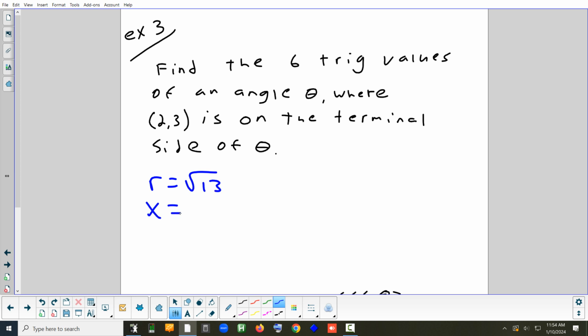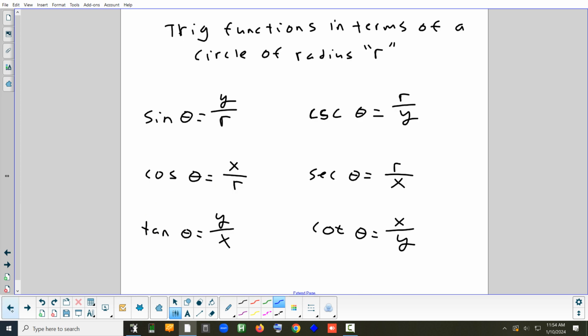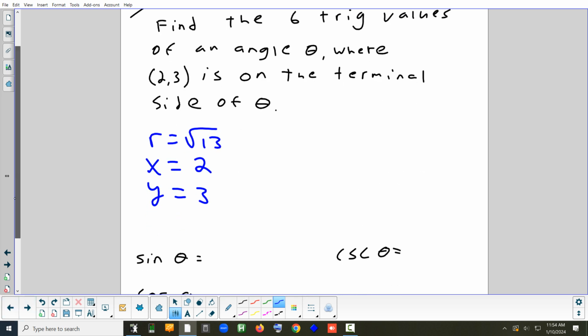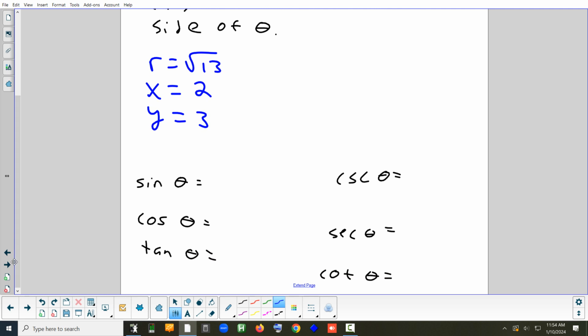What's x? 2. And what's y? 3. Now fill in those numbers into those formulas. Okay. What's going to be my sine of the angle represented by the coordinate 2, 3?